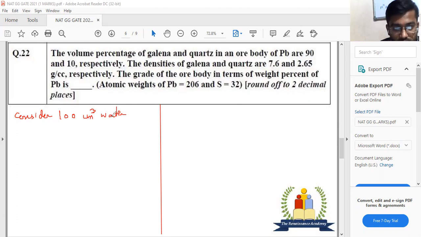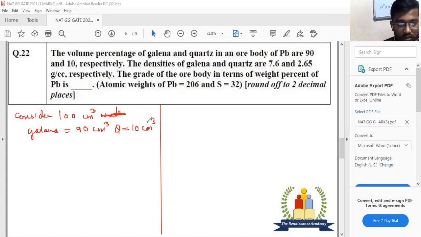Volume percentage, let's assume the quantity is 100 centimeter cube. In which galena is 90 and quartz is 10. Means galena is 90 centimeter cube and quartz is 10 centimeter cube.